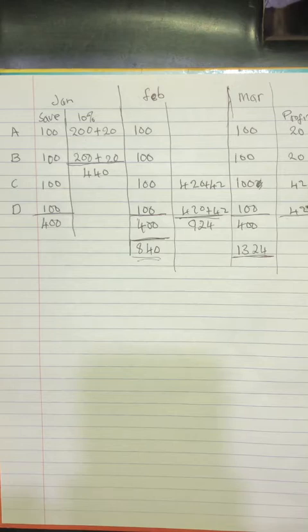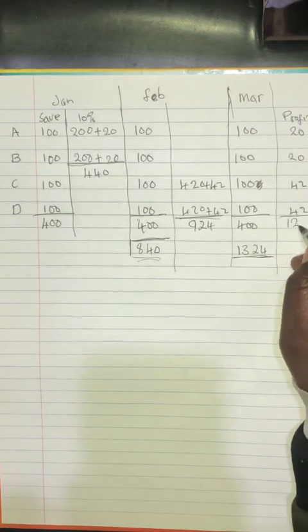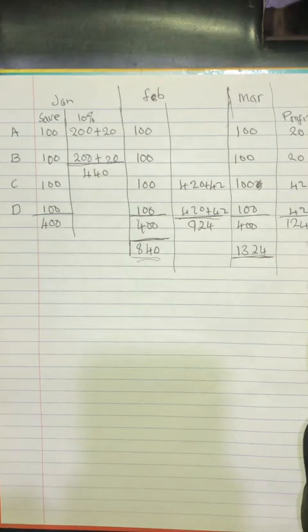As you can see, the difference in profits is huge and very significant. So this profit, which is 20 plus 20 plus 42 plus 42, gives us 124 kwacha to be shared among the 4 individuals as profit.